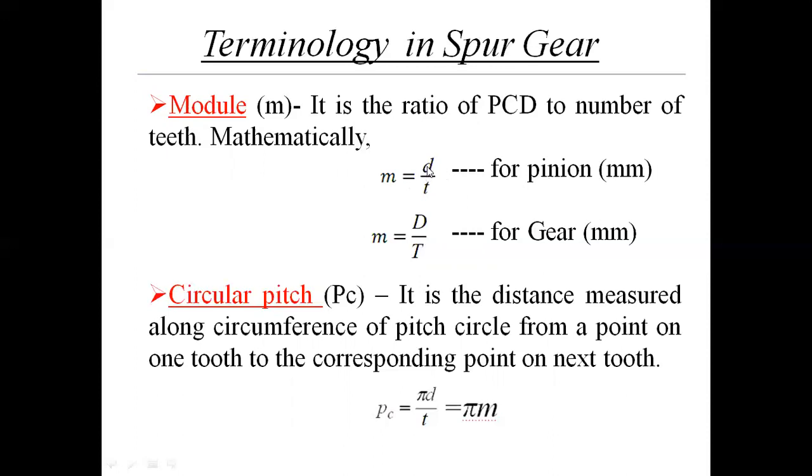As d is the diameter measured in mm and t is the number of teeth, the ratio has the unit mm. Module is measured in mm, and capital D by capital T I am using for the gear. So module is nothing but D by T.